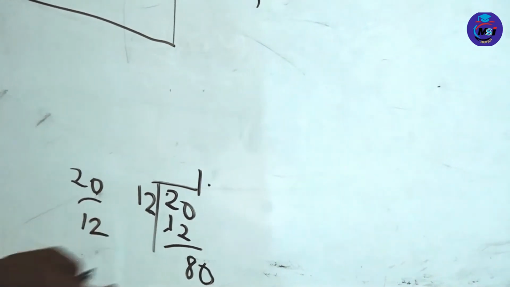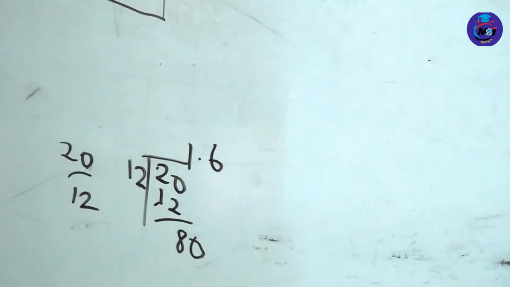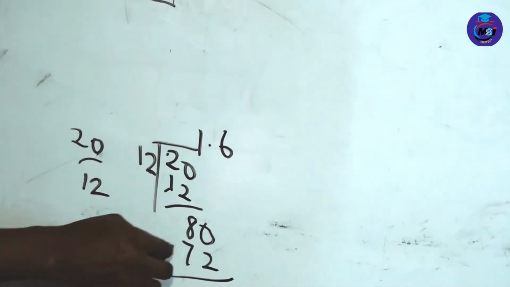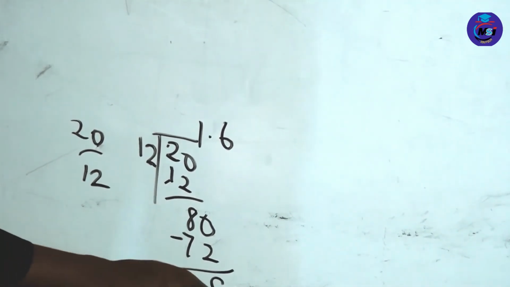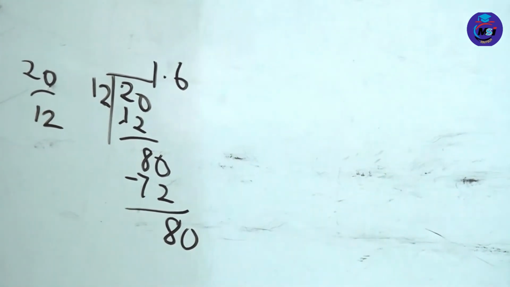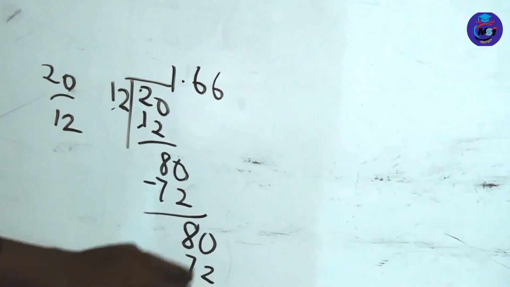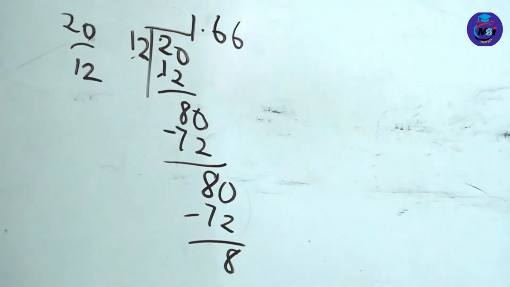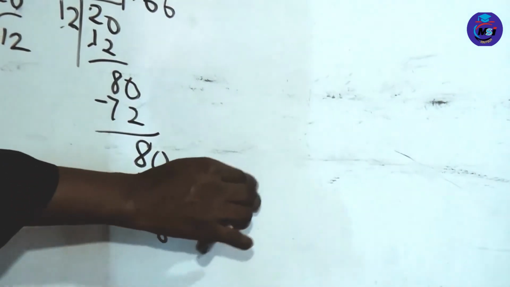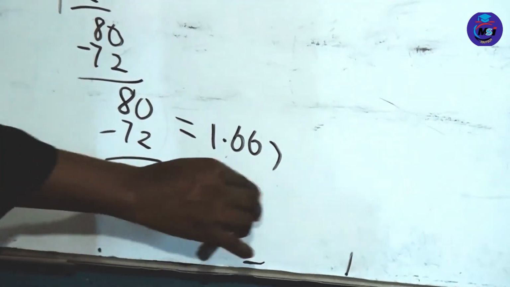How many 12s can we find in 80? 6. 12 times 6 is 72. 80 minus 72 gives us 8. Add a 0. How many 12s in 80? 6 again. By the time we continue, we keep getting 6, 6, 6. So we could round up and have 1.667. We could also round to 1.7 centimeters.